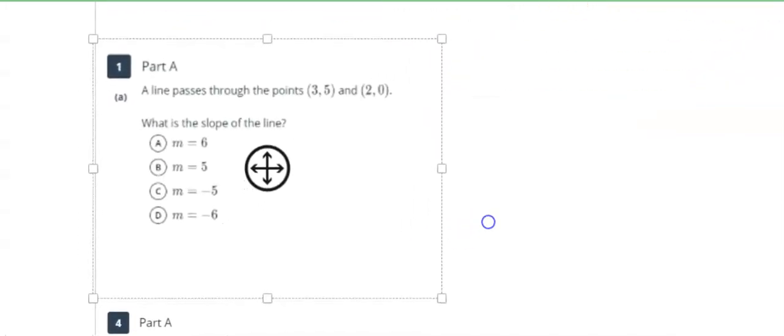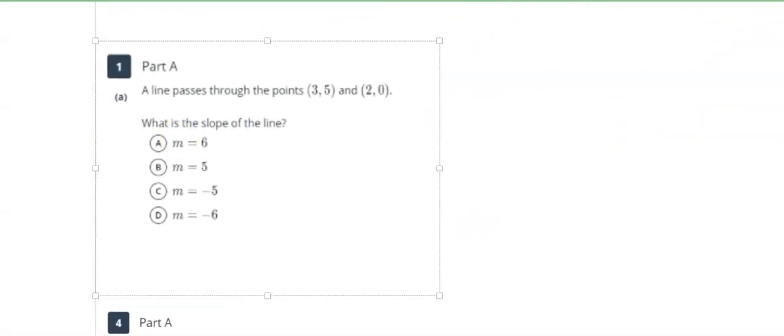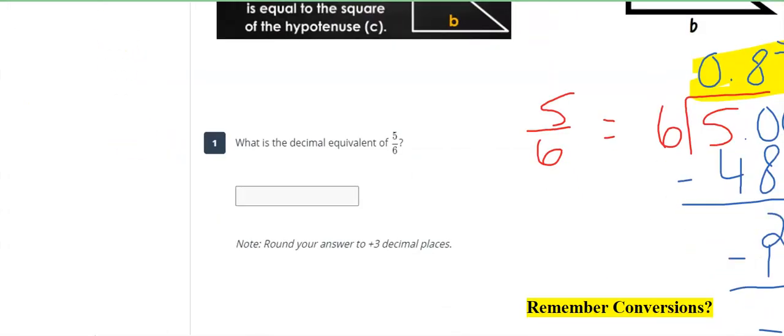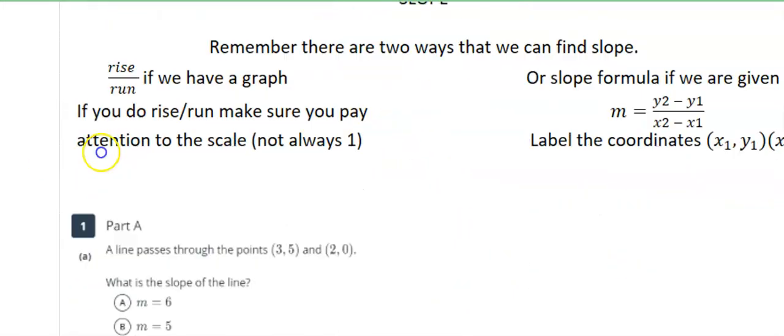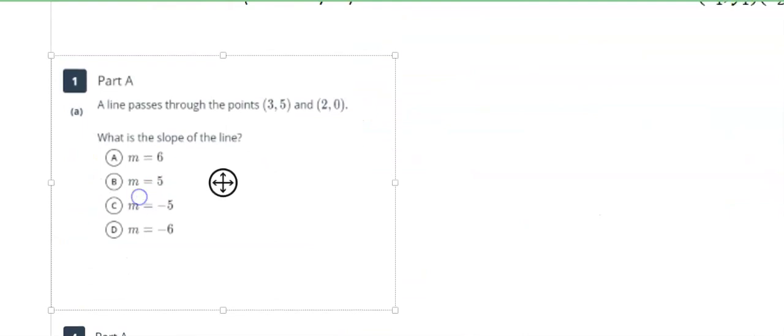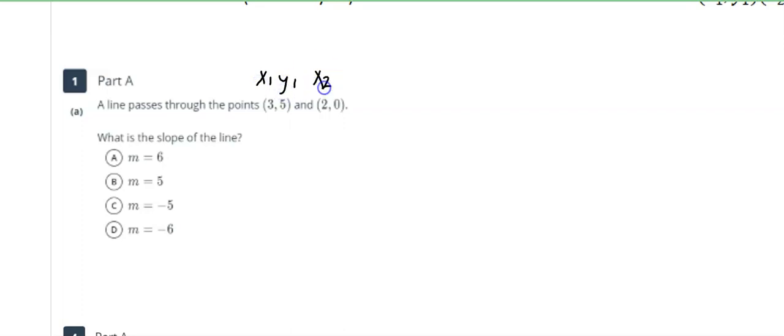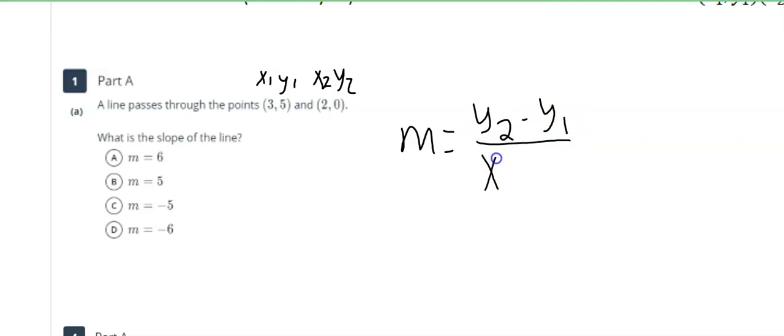So if I look at this question here, I can label my points x1, y1, x2, y2. So again, M is equal to y2 minus y1 over x2 minus x1.